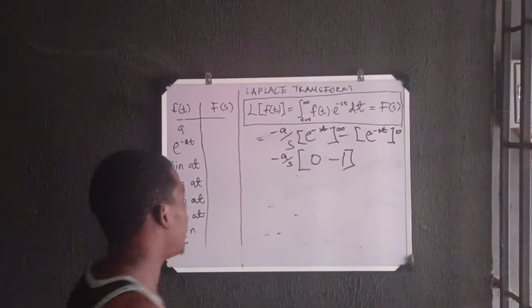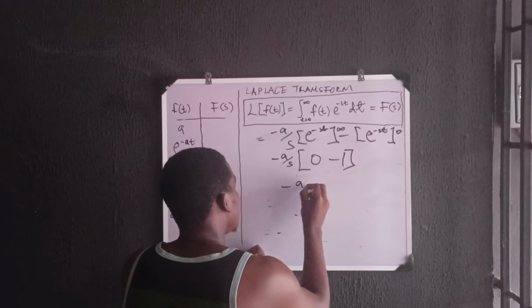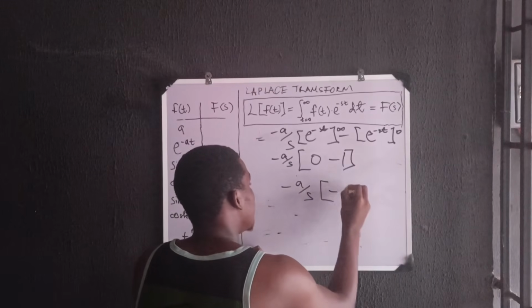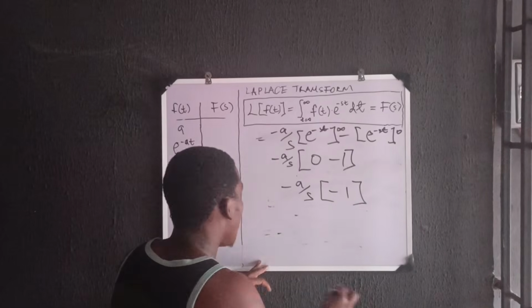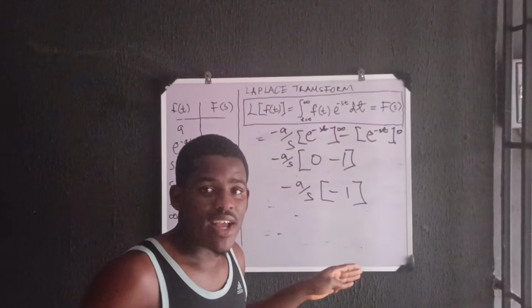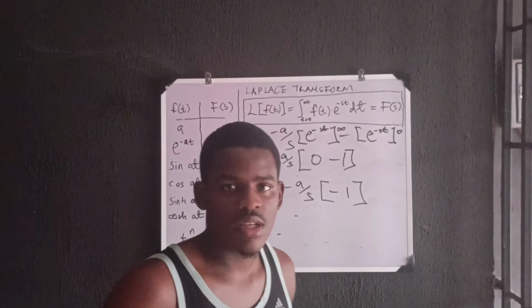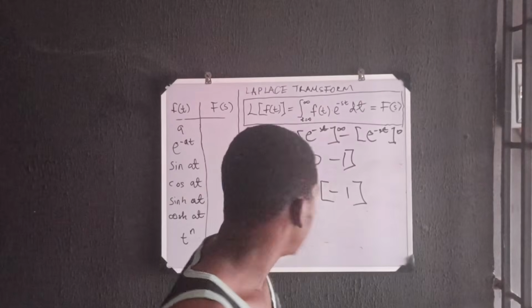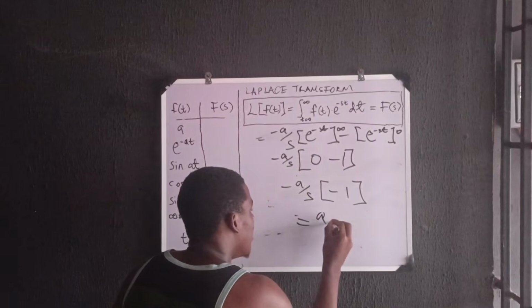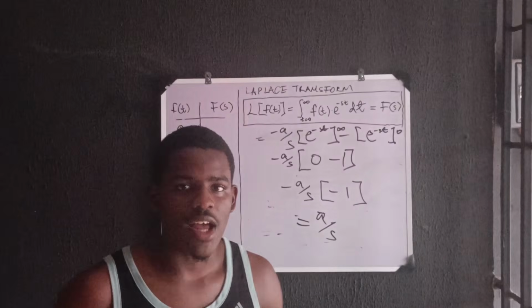So what do we have now? At last we have negative A over s times the quantity 0 minus 1, which is negative 1. Negative A over s multiplied by negative 1 is A over s. That is our final answer.